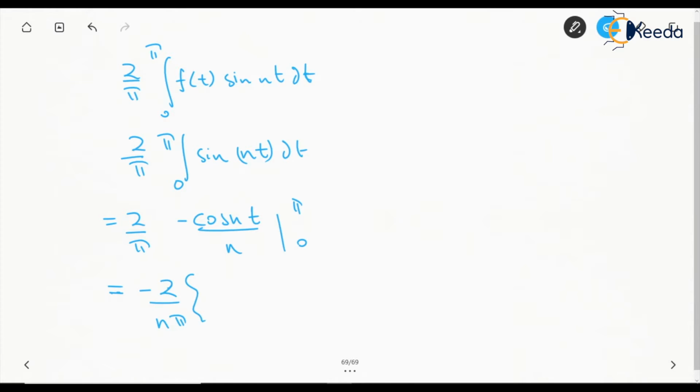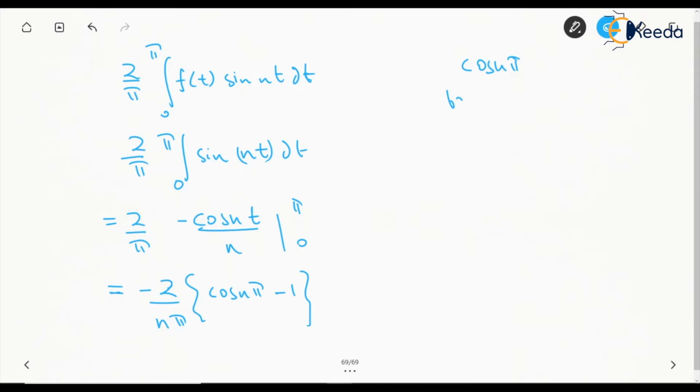Now for this pi limit, this will be cos n pi, whereas for 0 it is going to be directly minus of 1. Now what about this cos n pi? We know that cos of 0 pi or cos of 2 pi are all 1, whereas cos of pi, cos of 3 pi will be minus 1.